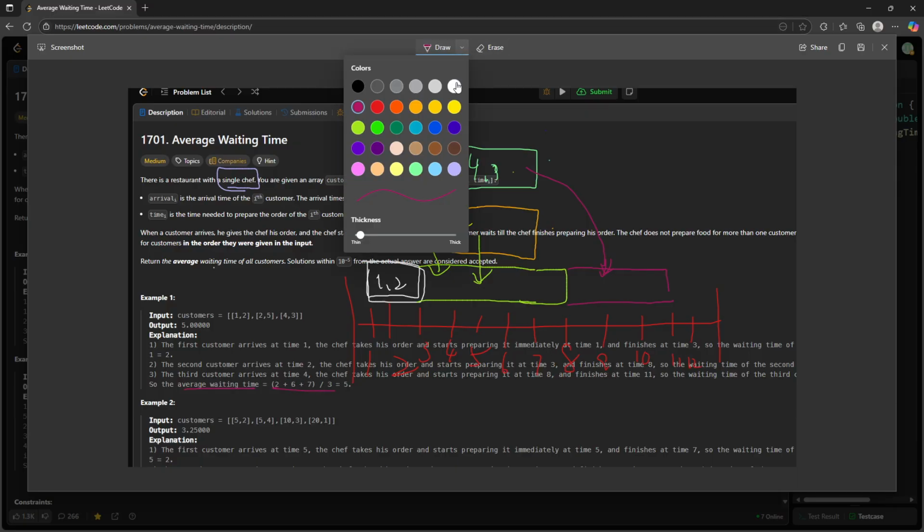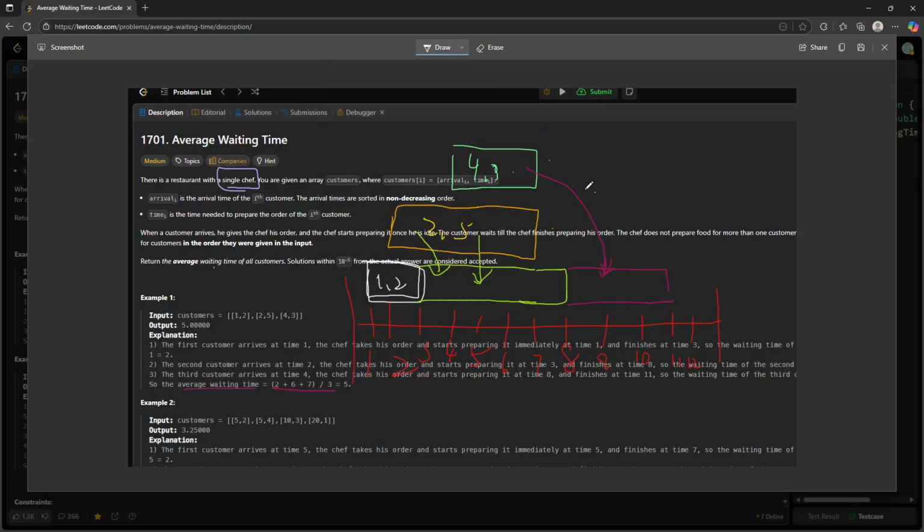So I'm going to go through the solution right now. The first customer's food will be complete at 3. When does the customer show up? 1. So that represents 2. The second customer is coming at 2.